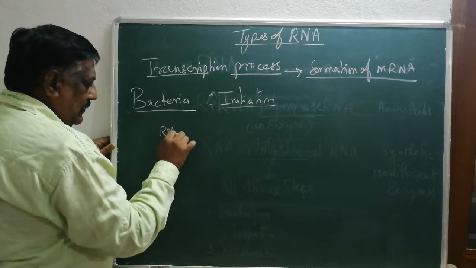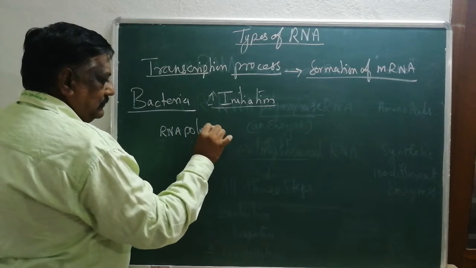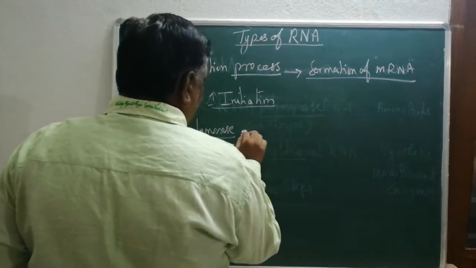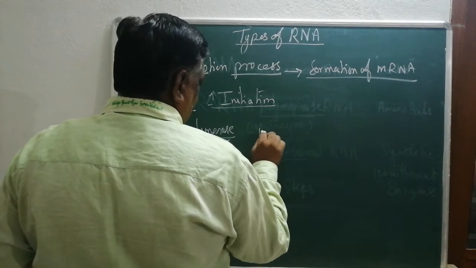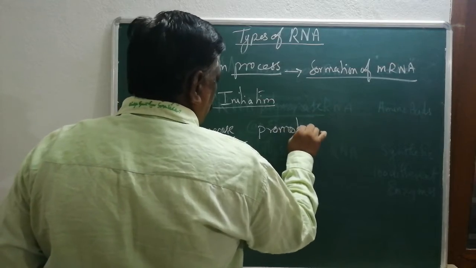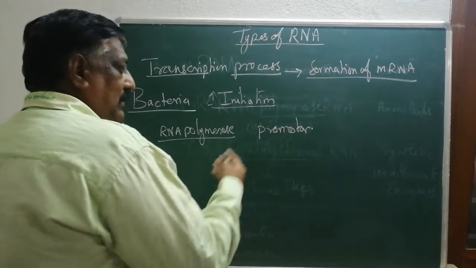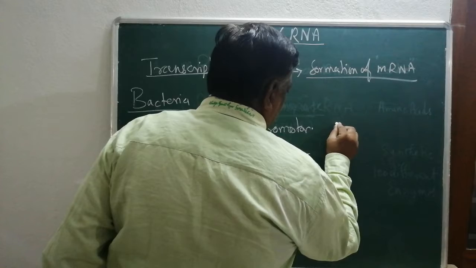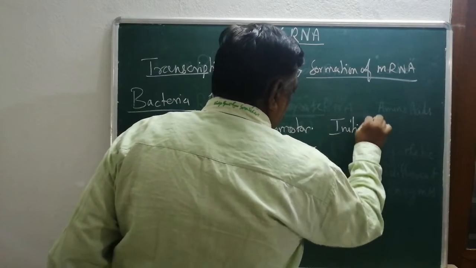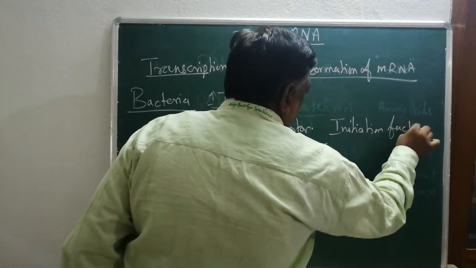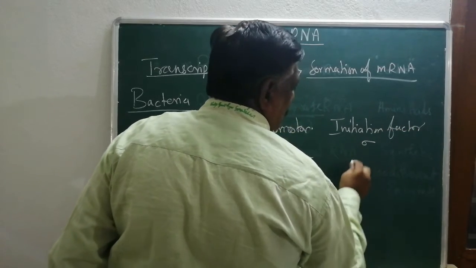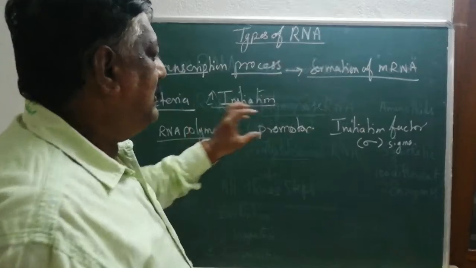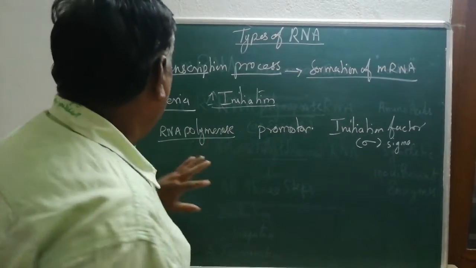See, the RNA polymerase, because it is involved in all the process, joins with the promoter, the initiator, and that initiation factor is called sigma factor. This is called the sigma.